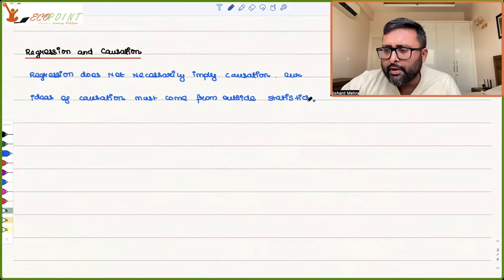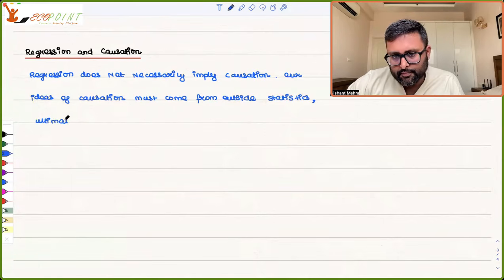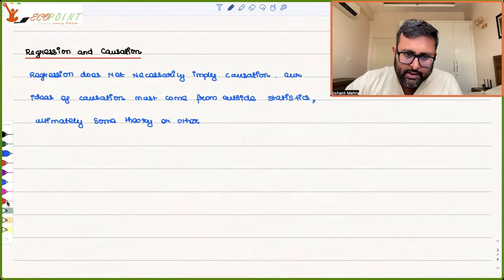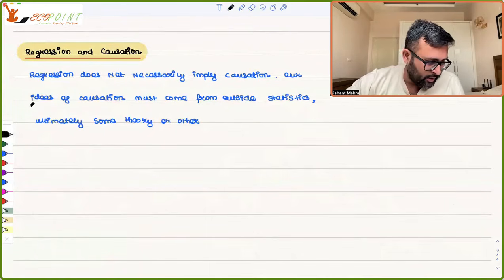I mean to say it should come through common sense or some kind of economic theory, could be anything. So ultimately, some theory or other, right? So one thing is that. So if you get a question like that, regression implies causation, no, no, no, no, right?